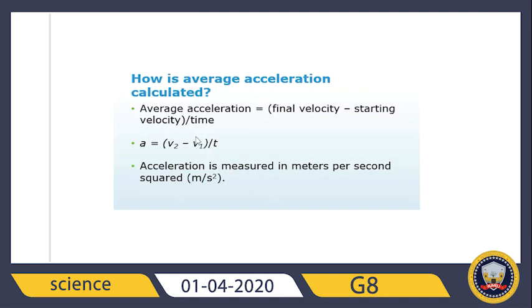The unit here for velocity is meter per second, and since we have another unit for time, the second will be squared. So the unit for acceleration will be meter per second squared.